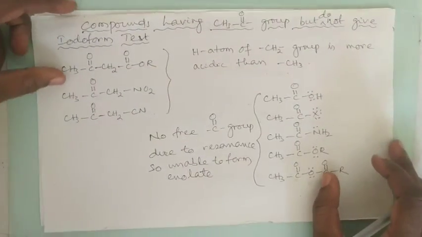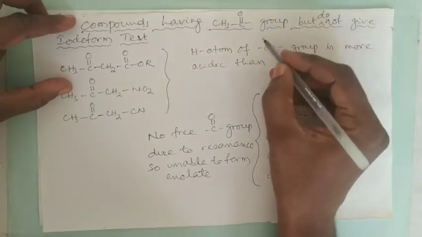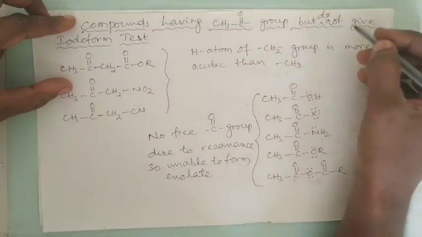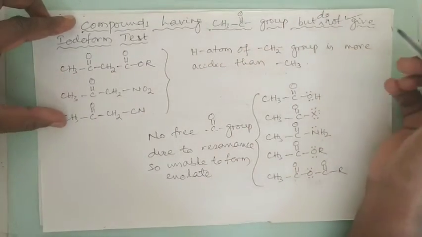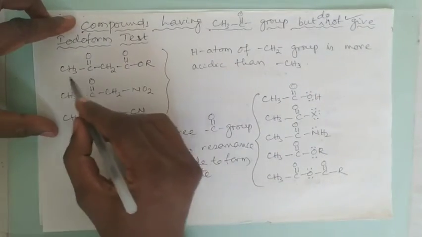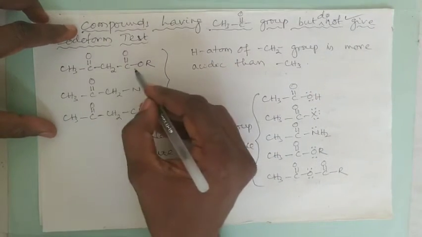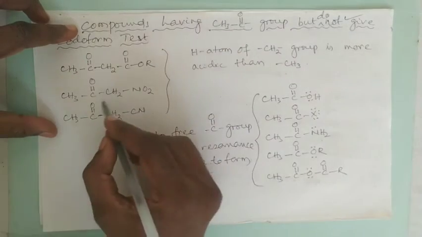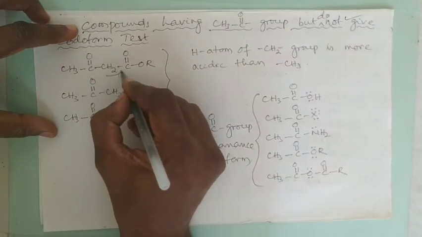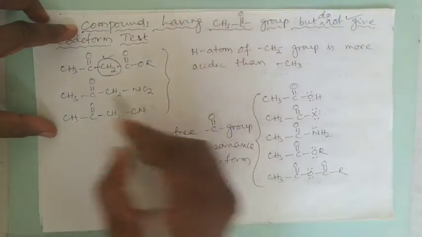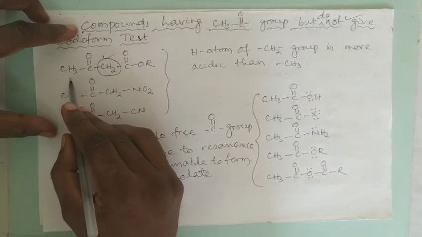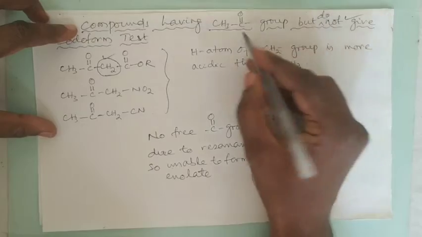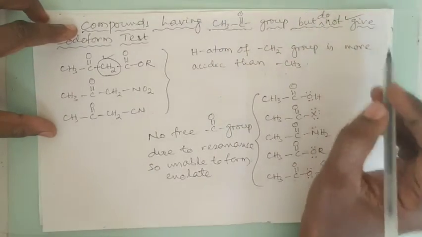Now we'll see some compounds which have the CH3CO group but do not give the iodoform test. Here you see this compound, CH3COCH2COR. This is a beta keto ester. Here the CH2 group is more acidic than the CH3 hydrogen atoms, so this does not respond to the iodoform test.